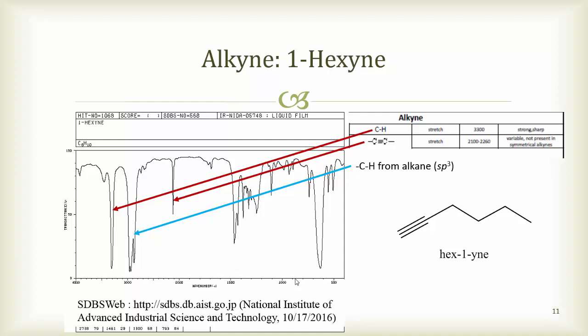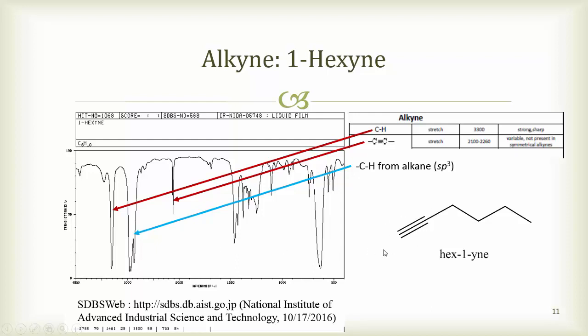Now I have an example of an alkyne, and specifically a terminal alkyne. This one still has sp3 carbon-hydrogens, and so we still see the carbon-hydrogen sp3 stretch just below 3000, since those functional groups still remain.